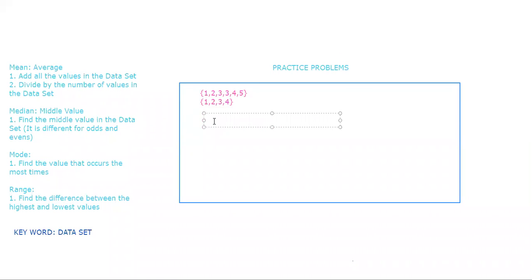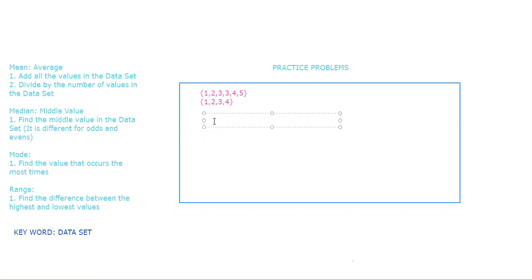What we have to do right here, as it says, is add all the values in the dataset. You can do it in your head, or you can use a piece of paper to find the sum of the values in the dataset.